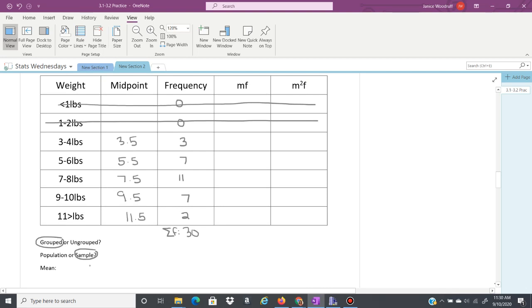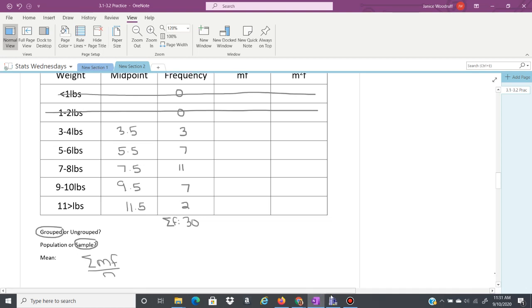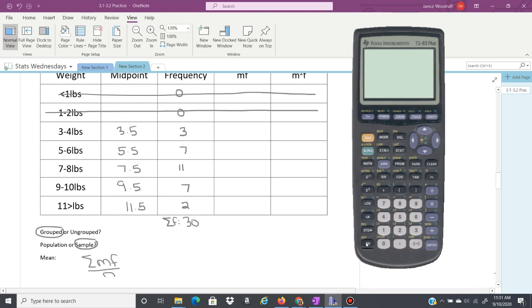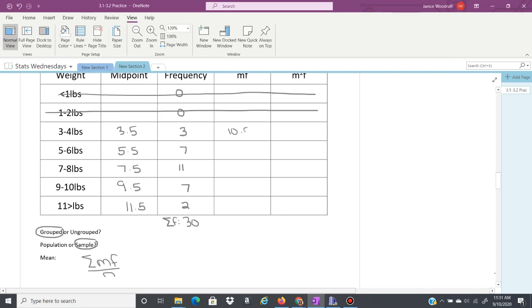So the mean is going to be the sum of the midpoint times the frequency over sample size. So we need the midpoint times the frequency. So we're going to do 3.5 times 3. That's going to give us 10.5. Then 5.5 times 7.